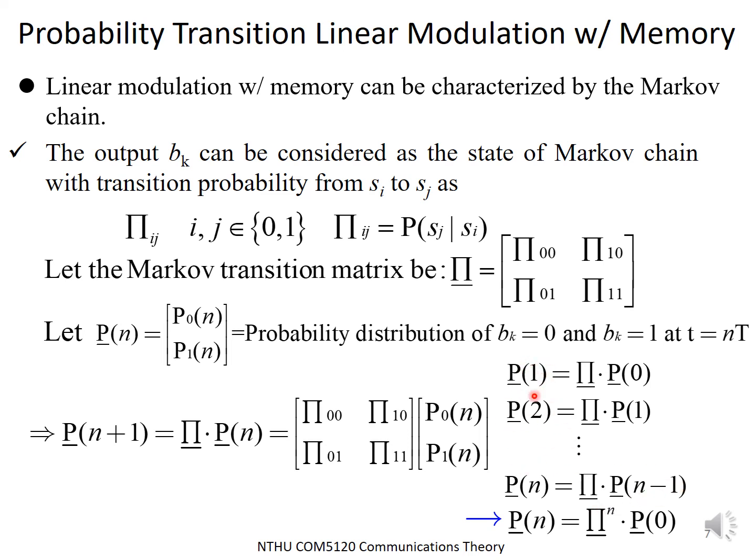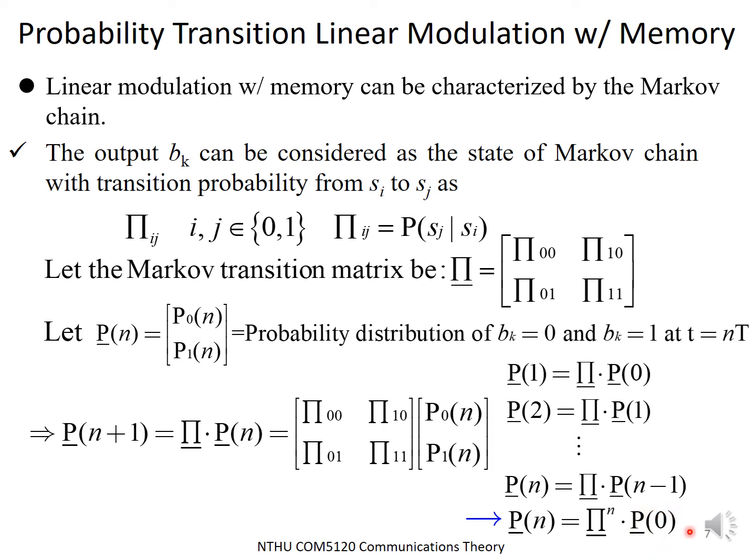After the successive cancellation of the product, we have Pn equal to pi to the order of n times P0. So we have the relation of the initial probability distribution to the probability distribution after n symbols.